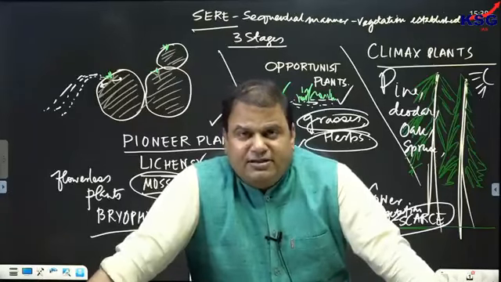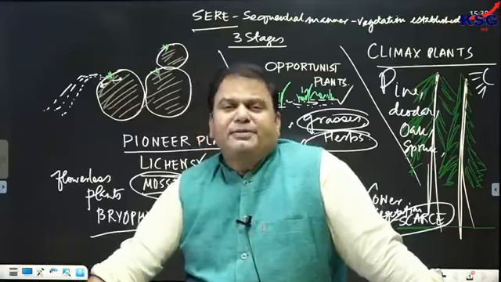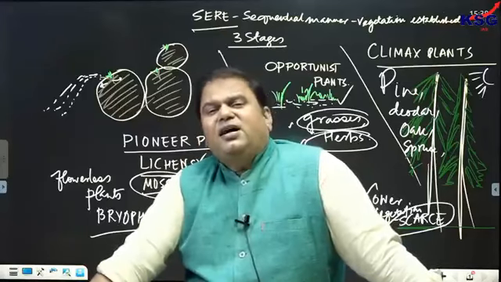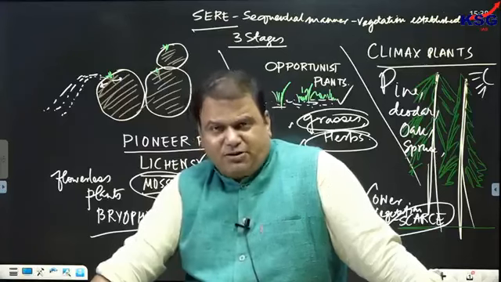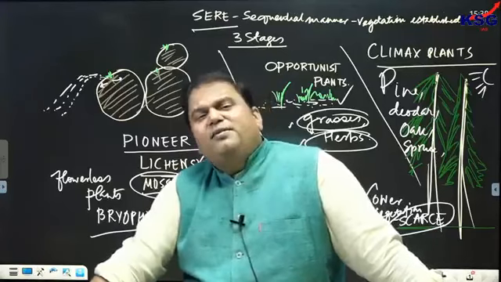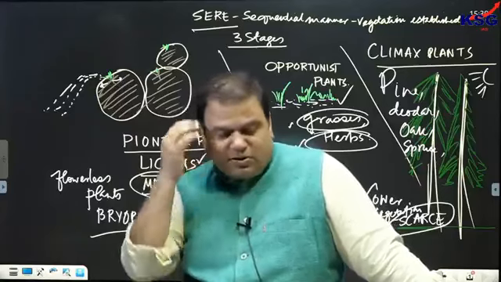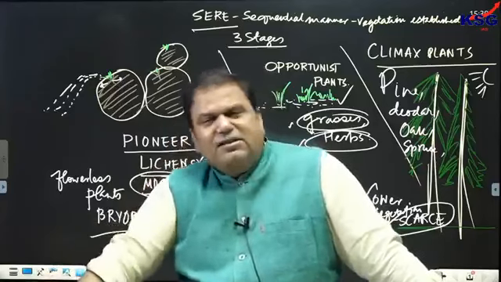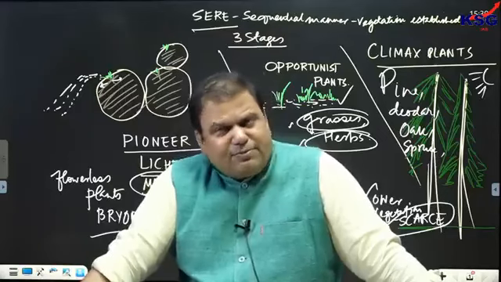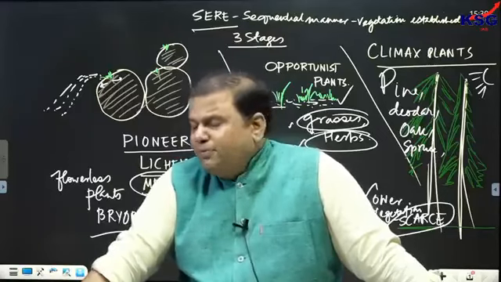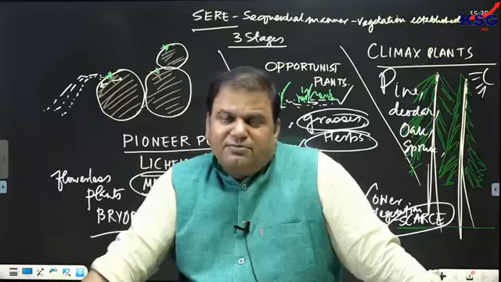Now, I have given you the example of Sere. Himalayas are the youngest mountain range of the world, still in the process of their formation. In the greater Himalayas, either the snow-capped mountains are present, or where they are not present, lichens and mosses would be present in large numbers.